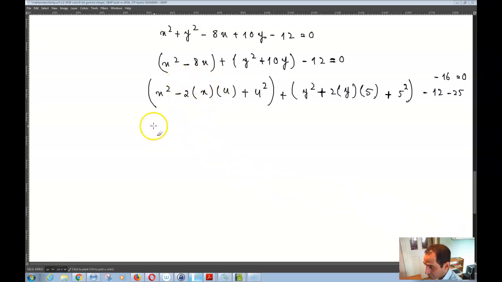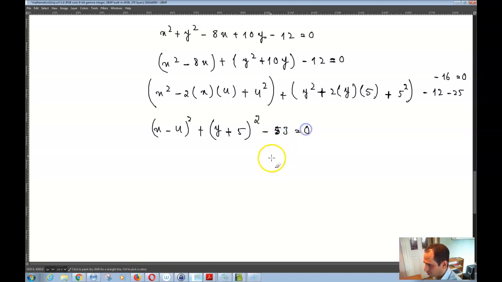So now I can write this as x minus 4 whole squared plus y plus 5 whole squared. And over here I have, well, 12 plus 16 is 28. 28 plus 25 is equal to 53. Negative 53 is equal to 0.